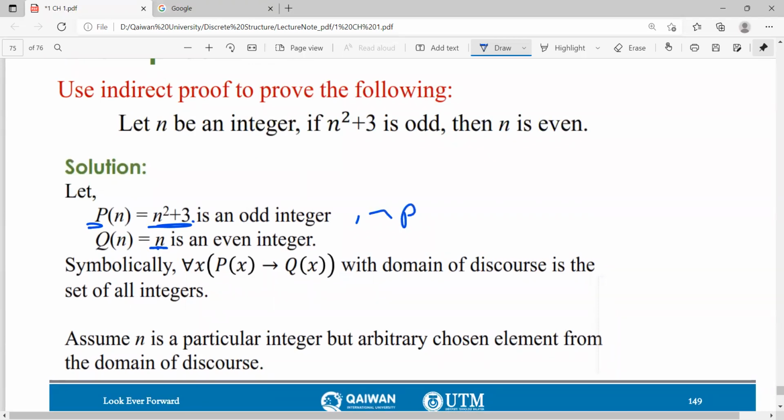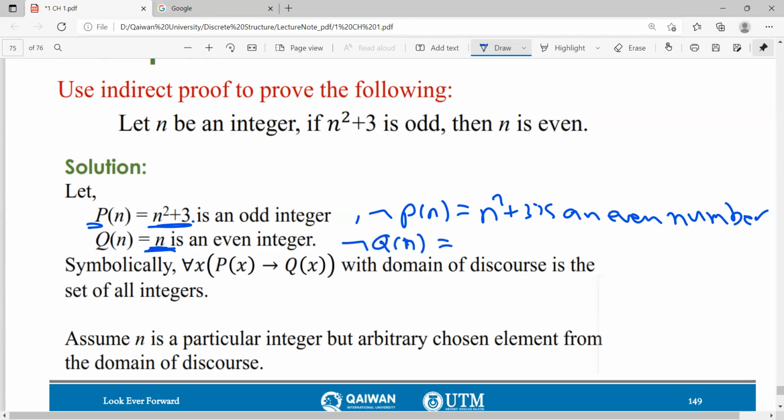So negation P is n squared plus 3 is an even integer, because the negation of odd is even, and again the negation of even is odd. Here n is an even integer, so negation of Q is n is an odd integer.